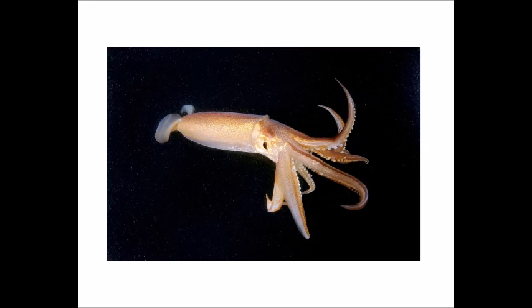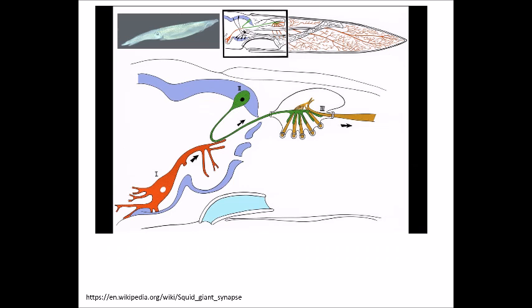To understand way back how neurons function really came from this wonderful animal called the squid. And why this is such an important animal is that the neurons could be taken out of the squid. And we see some colored here in different colors. The red is a presynaptic neuron, and the green one is a postsynaptic neuron.